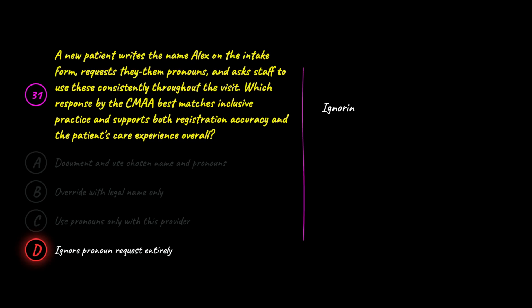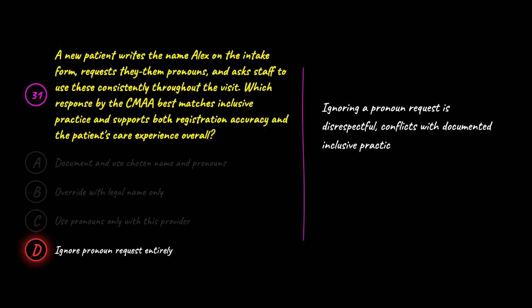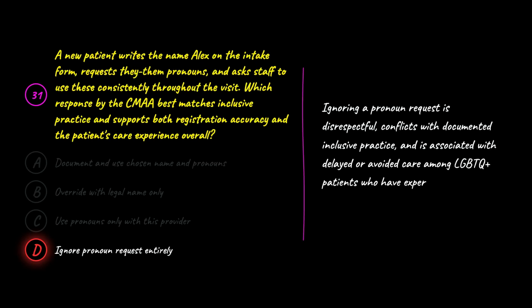D is wrong because ignoring a pronoun request is disrespectful, conflicts with documented inclusive practice, and is associated with delayed or avoided care among LGBTQ+ patients who have experienced past mistreatment in clinics.